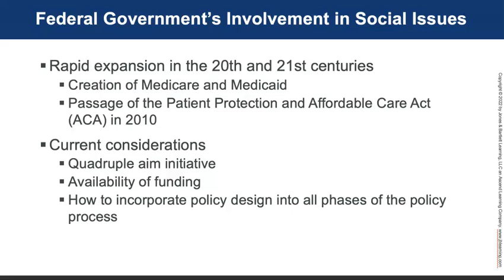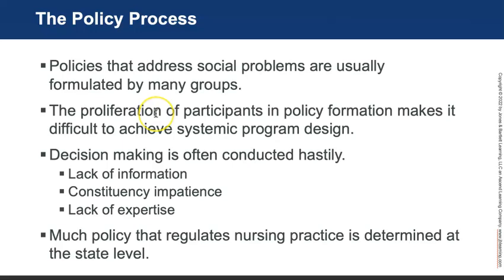The policy process is the next topic. Policies that address social problems are usually formulated by many groups, and that proliferation of participants in policy formation makes it difficult to achieve systemic program design.